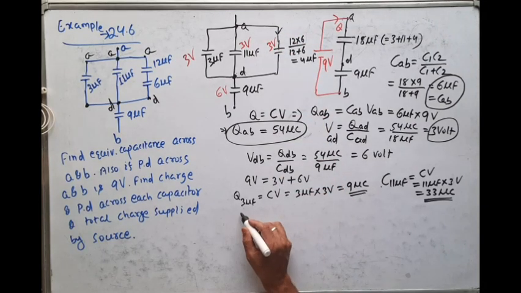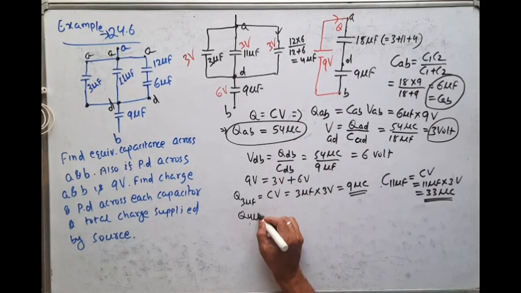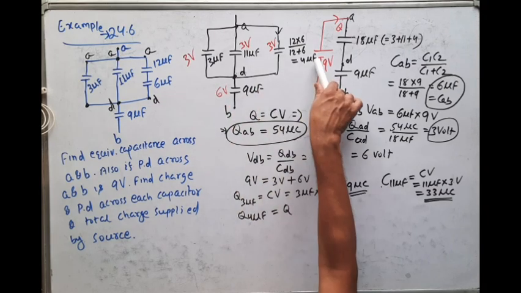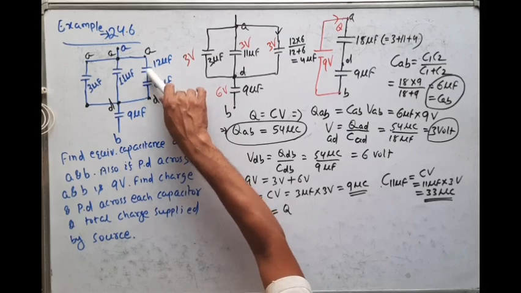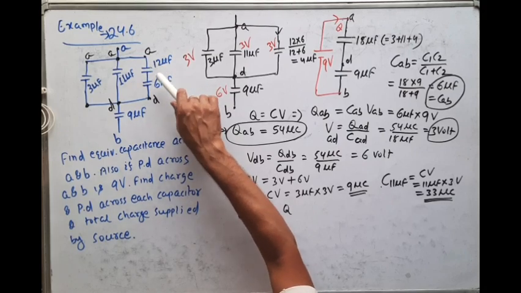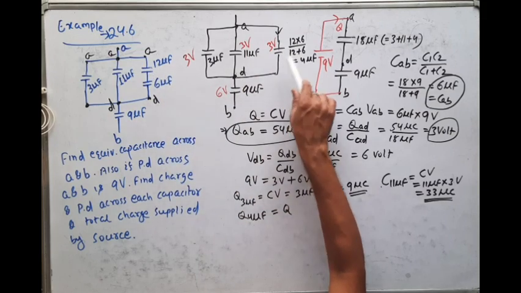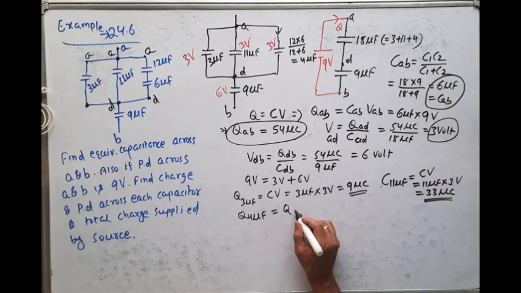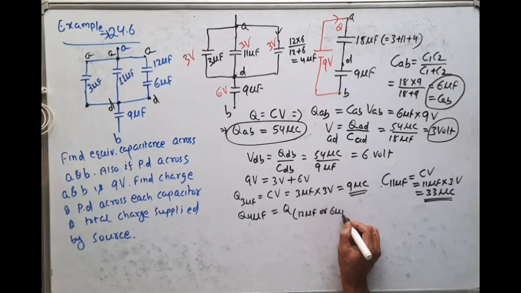The charge across this 4 microfarad is nothing but the charge across the equivalent of 12 and 6. Since they are connected in series, the charge across 12 is also the same as the charge across 6, which is equal to the charge across this 4 microfarad.